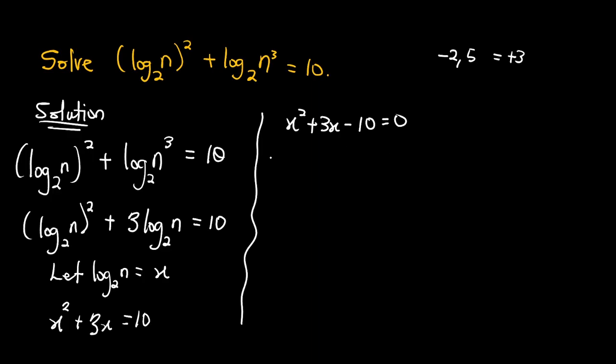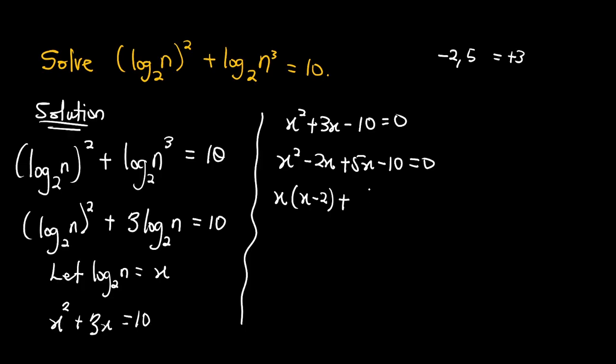So this whole expression becomes x squared minus 2x plus 5x minus 10, and this is equal to 0. So from here, between x squared and then minus 2x, x is common, so I'll factor out x. Then I have here x minus 2. Okay, so this takes care of the first two terms over here.